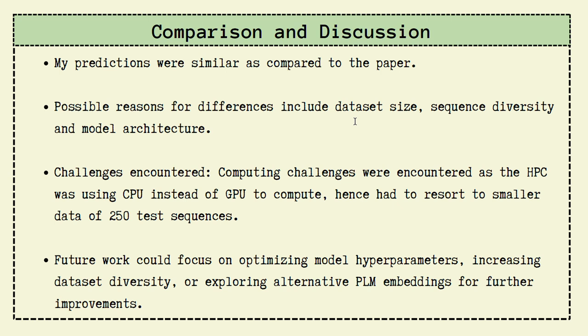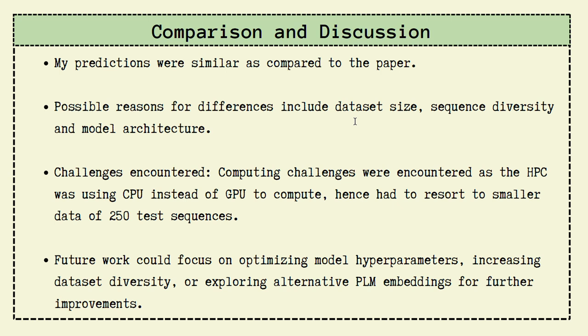The main challenge I faced was computational, which restricted the size of my test set. It was because the HPC I was using was using CPU instead of GPU to compute, due to, I think, a PyTorch module error.